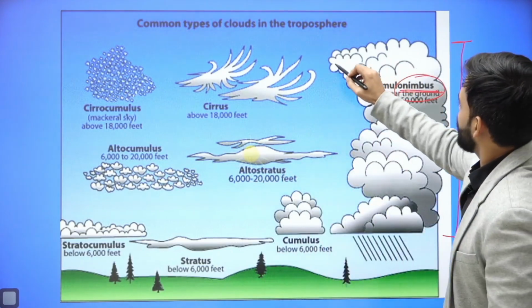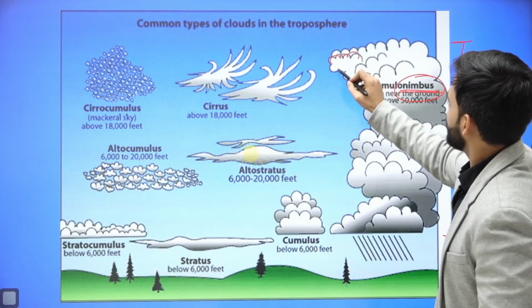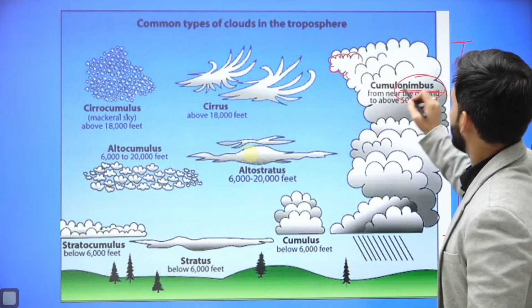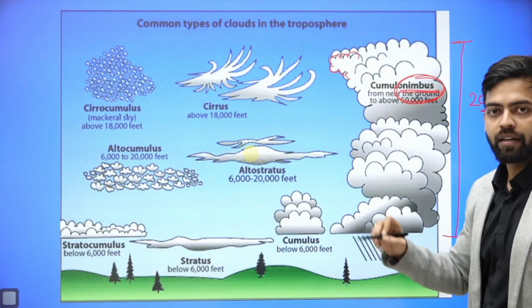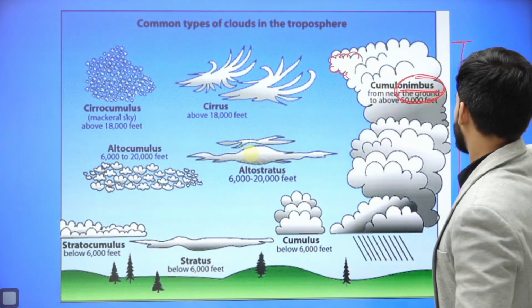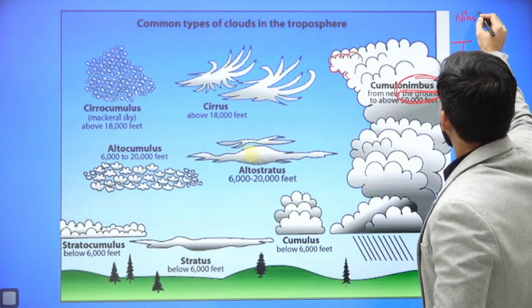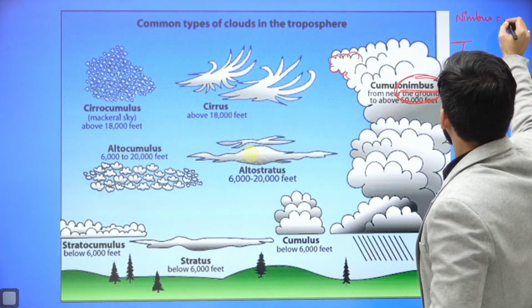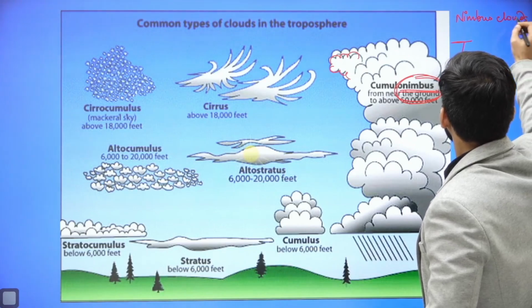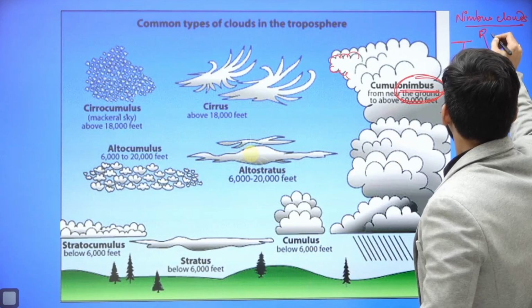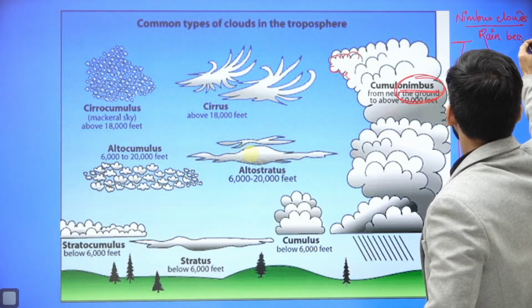Because it is cauliflower shaped, it is known as cumulus clouds, and because it contains rain, it is known as cumulonimbus clouds. So nimbus clouds are basically rain bearing clouds.